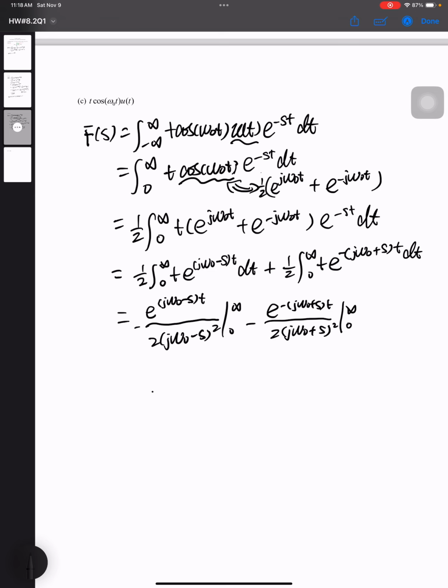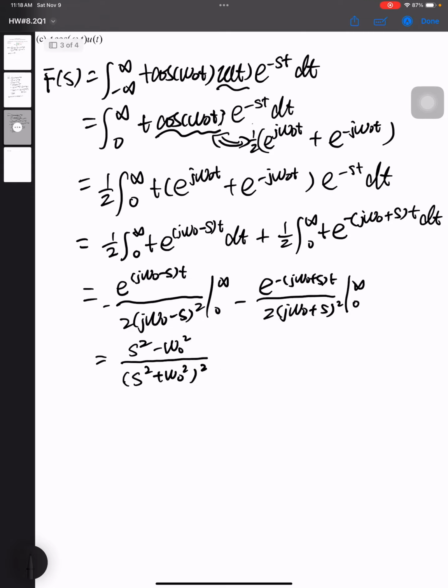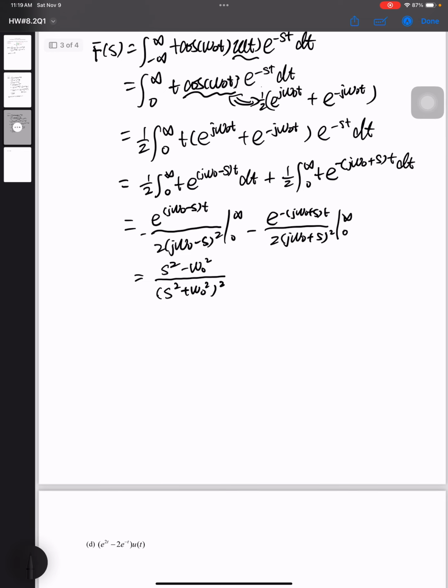For more simplification, we get the final answer, with numerator s squared minus omega_0 squared and denominator (s squared plus omega_0 squared) squared.